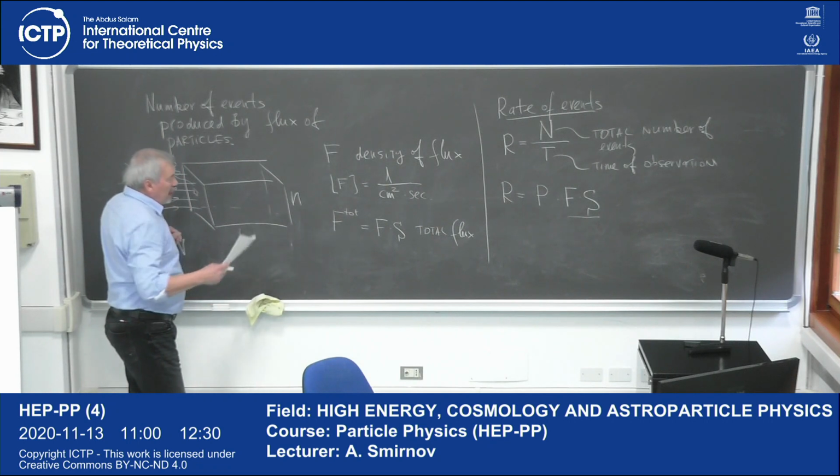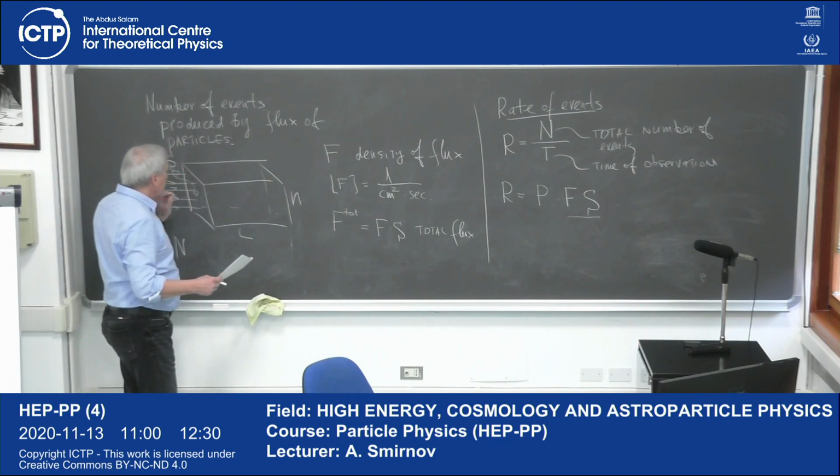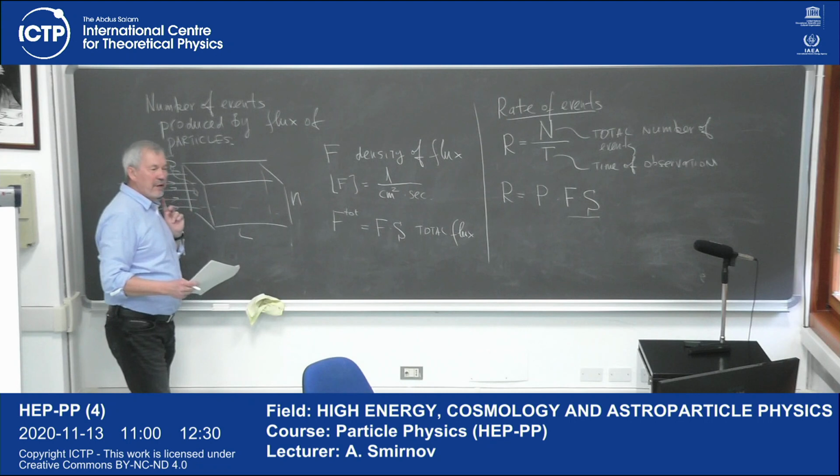Then F multiplied by S is the total number of these particles entering your detector per unit of time.